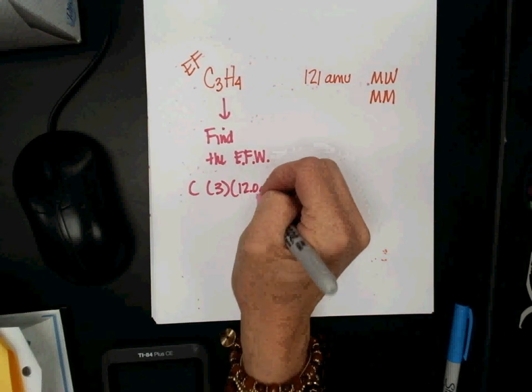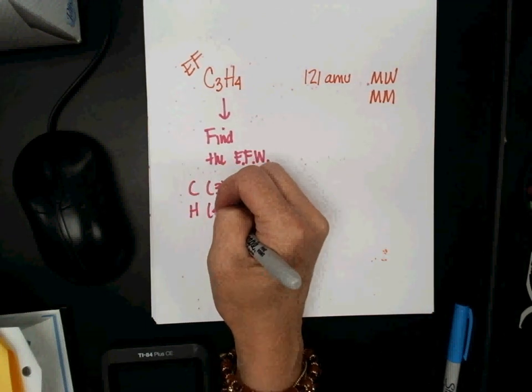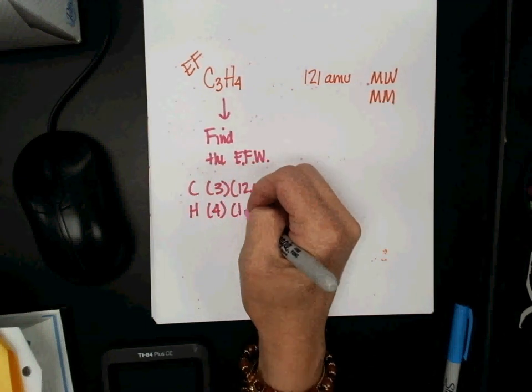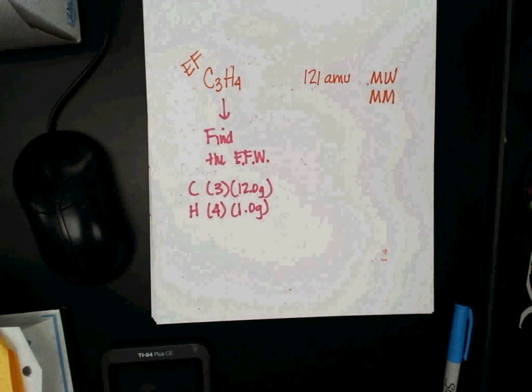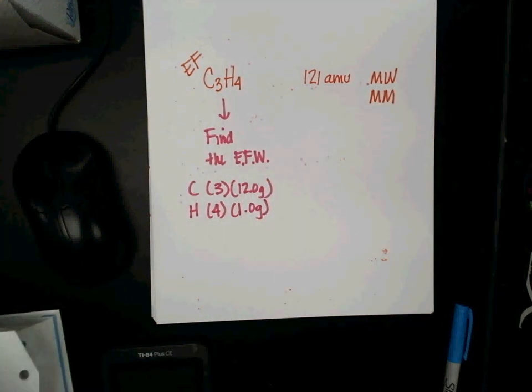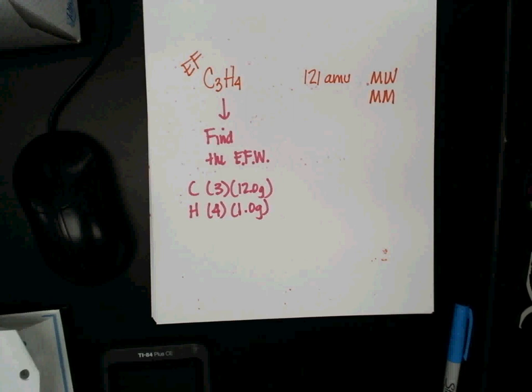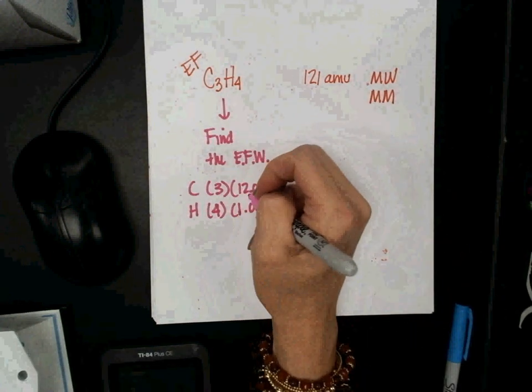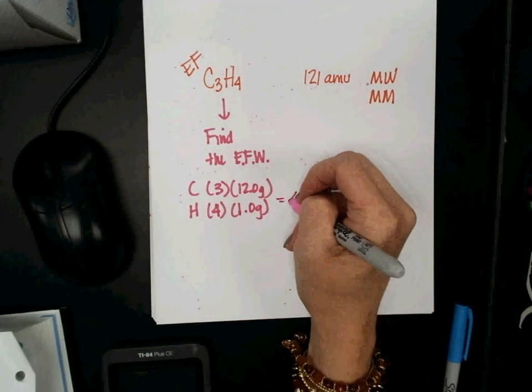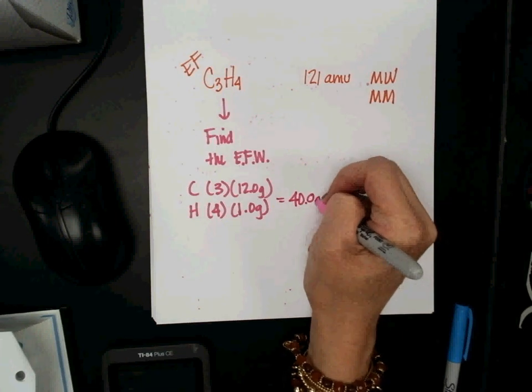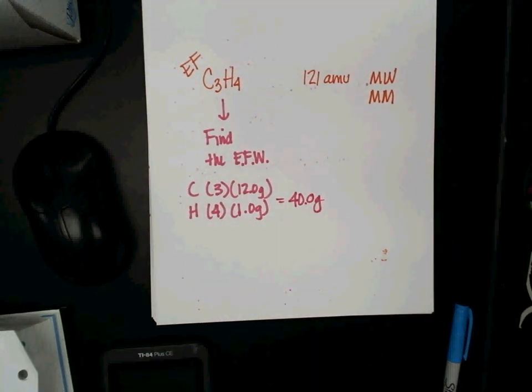That would be carbon 3 times 12 grams, and hydrogen would be 4 times 1 gram. So when I do that, that should equal 36 plus 4, that should equal 40 grams. Is that right?